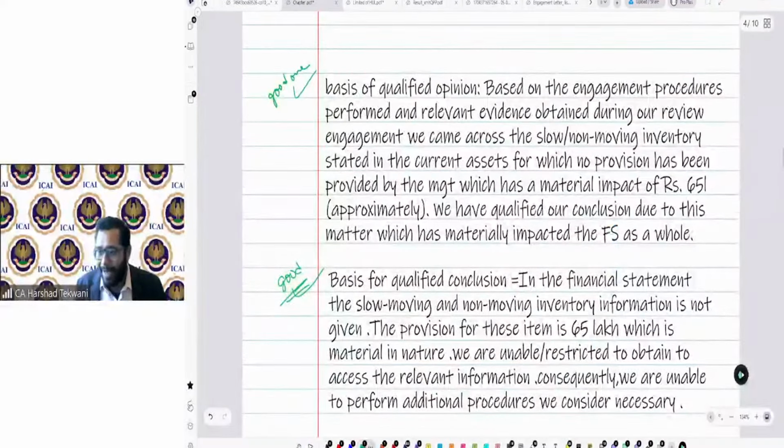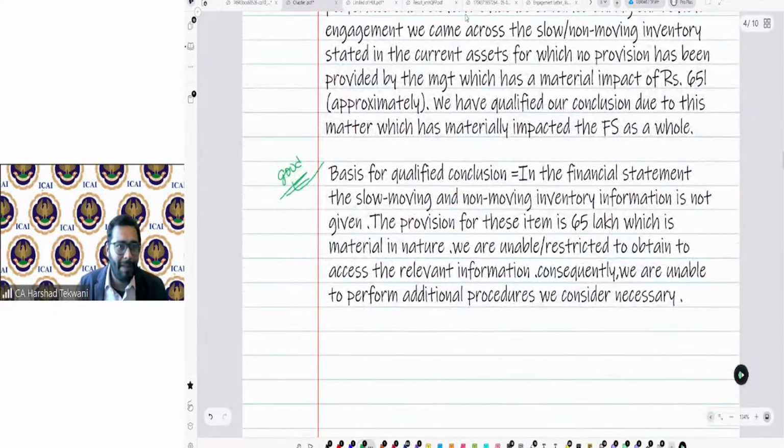Okay. Any other guys? If you want to provide your conclusion, I'm giving you 5 more minutes. Write the basis for conclusion, and then we can proceed further. Come on, guys. Let's write the basis for conclusion. I'll give you 5 more minutes. Then we will discuss what should be the appropriate way to describe a basis for conclusion.